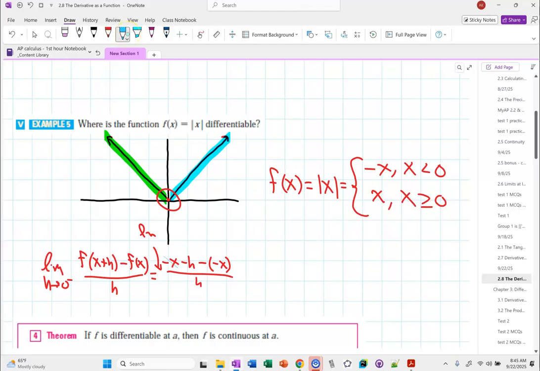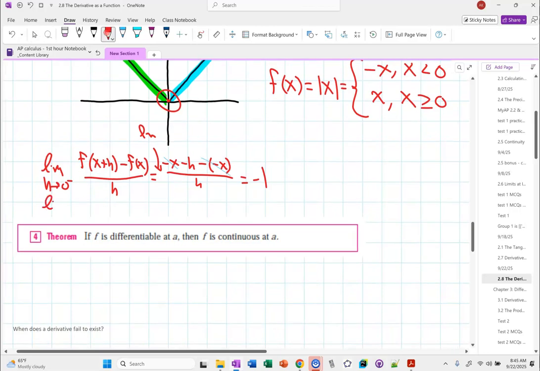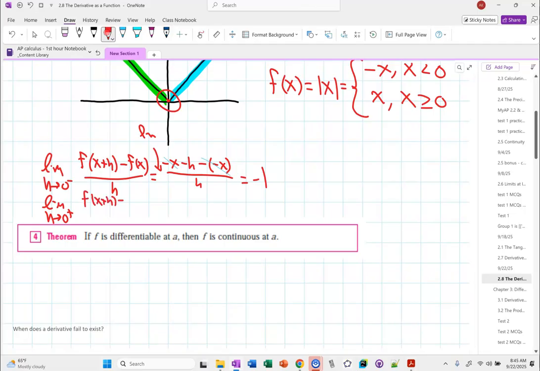If I look at that, it just simplifies down to negative 1, right? We do the same thing from the right. Get 1 for that slope.